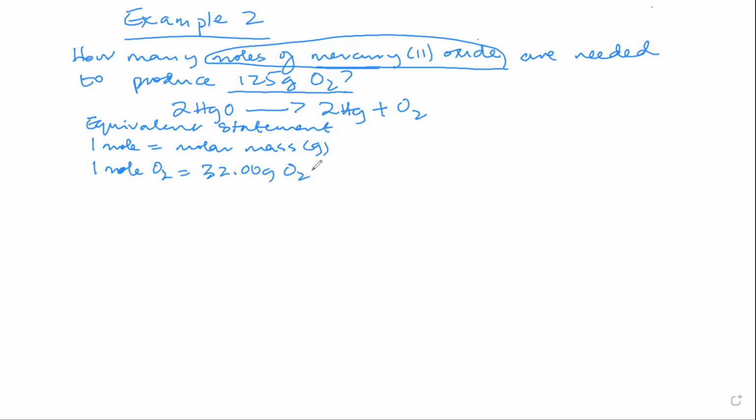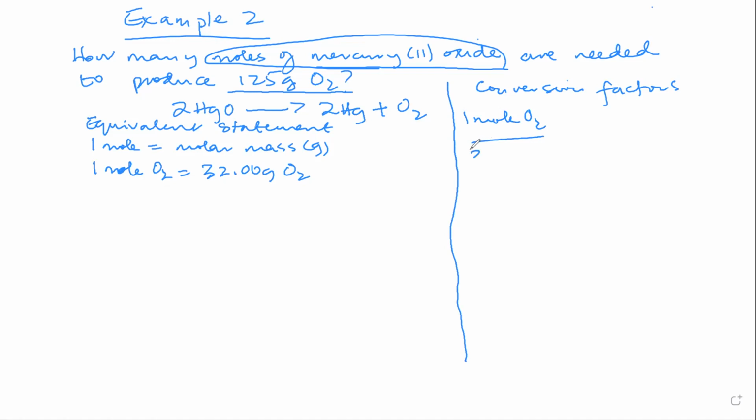Now let's do the conversion factors. 1 mole of oxygen over 32.00 grams of oxygen, or 32.00 grams of oxygen over 1 mole of oxygen.